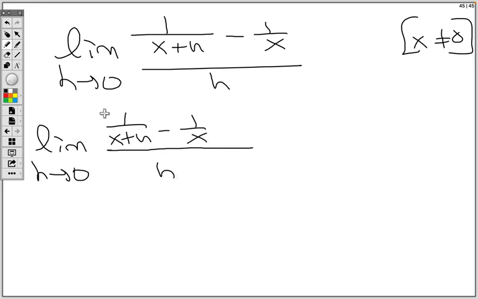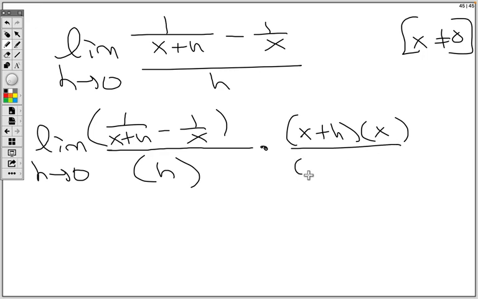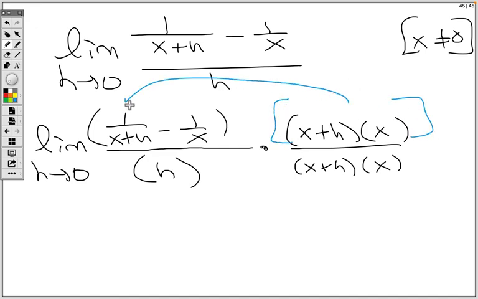So the strategy is we're going to multiply numerator and denominator by the little denominators, quote unquote. So we're going to multiply the numerator by the product, x plus h times x.